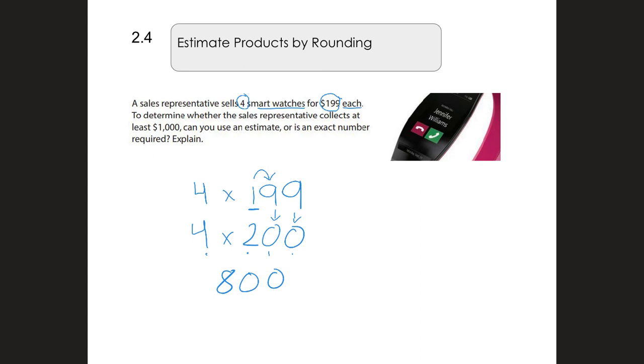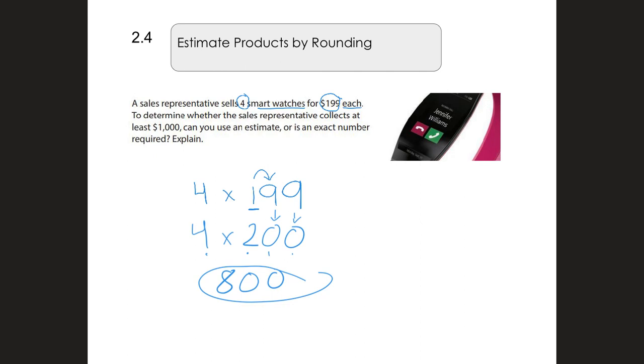So I want to know if the sales representative collected at least $1,000. He collected $800. And I also know that I rounded up. The watches actually cost $199, but I rounded up to $200.